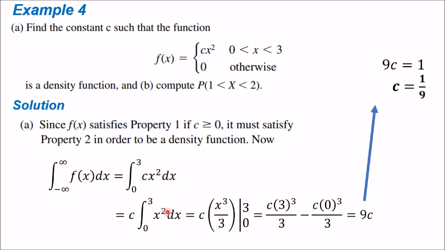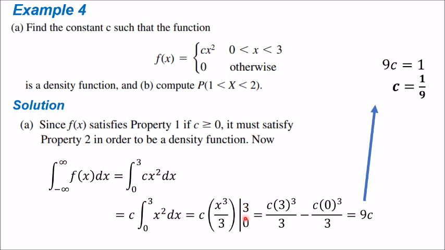It is the opposite of our derivative earlier, where we subtracted 1 from the exponent. This time, we just add 1 to the exponent. So x squared becomes x cubed, and whatever the resulting exponent is, we also make it the denominator. So x cubed over 3. Then we evaluate that from 0 to 3.